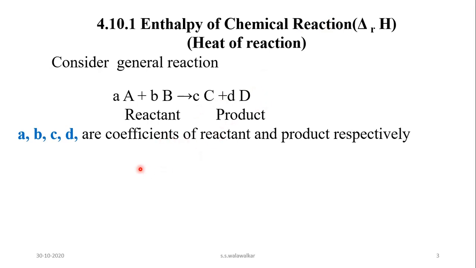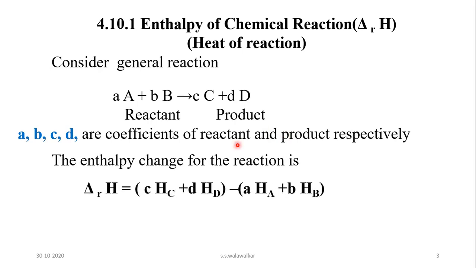You know that change in enthalpy is equal to enthalpy of products minus enthalpy of reactants. Therefore delta H R is equal to the total enthalpy of product C plus the total enthalpy of product D. Here H C and H D are the molar enthalpies of the products, and c and d are the coefficients.